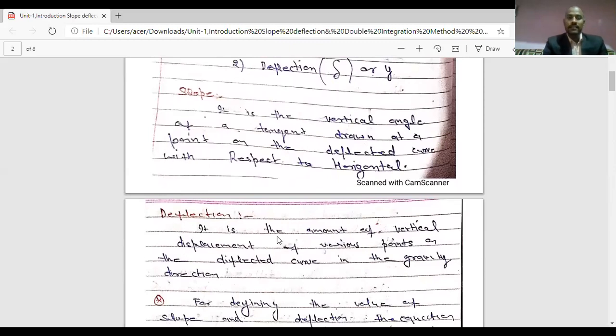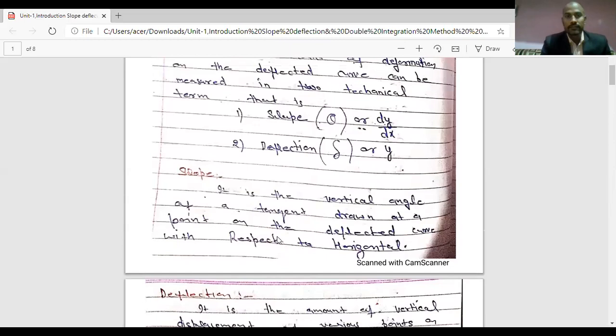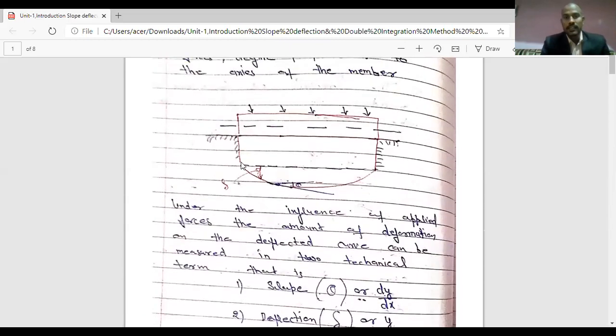Second is deflection. It is the amount of vertical displacement of various points on the deflected curve in the gravity direction. Here we see how much this curve is deflected, that is defined by deflection delta.